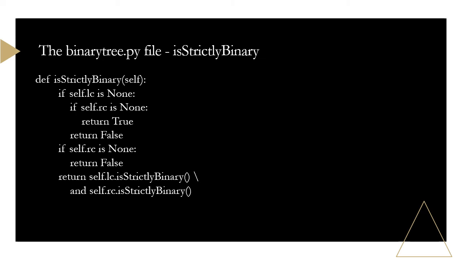If the first if condition is not met, this means that there is a left child. The second if checks if there is a right child. If there is a left child but no right child, again the function returns false. If both if conditions are not met, this means that there is a left child and there is a right child.